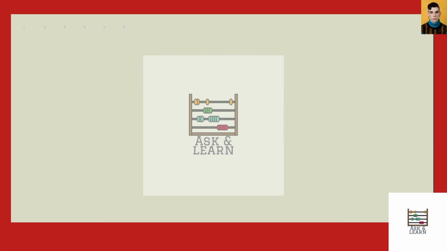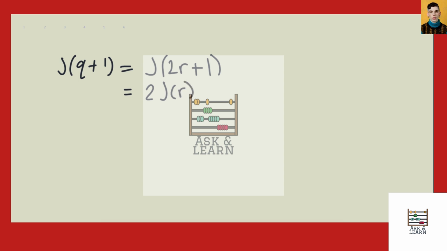Okay, so we're going to use that to derive j(q+1), right, which is going to be equal to j(2r+1), which in turn is equal to 2 times j(r) plus 1.